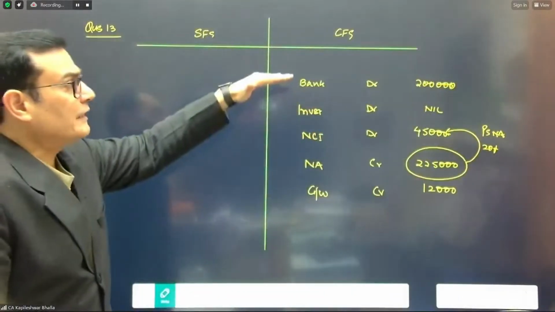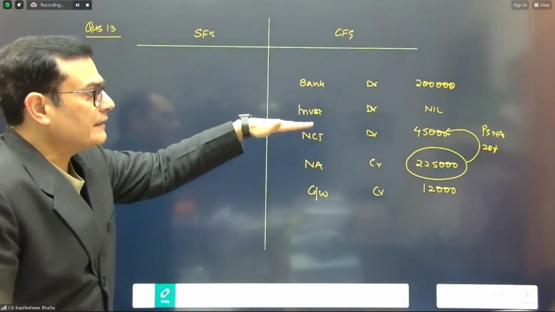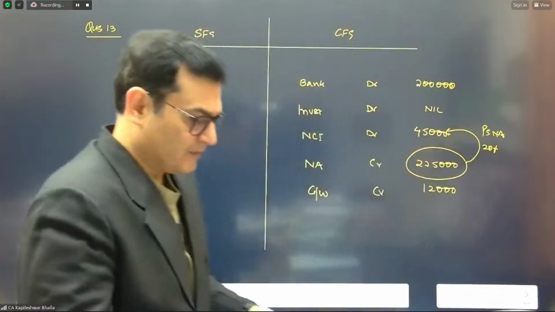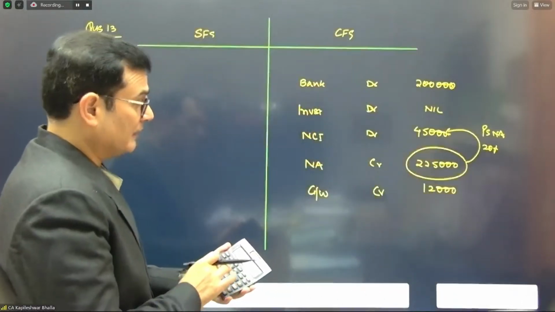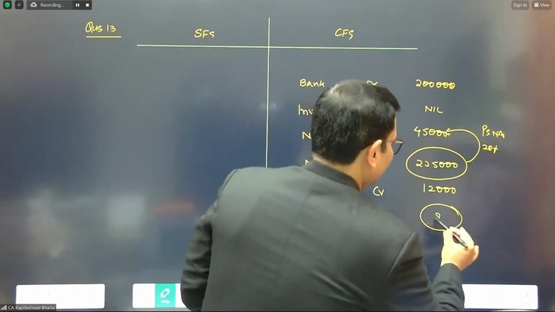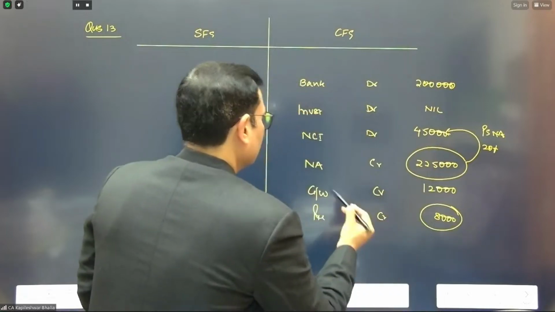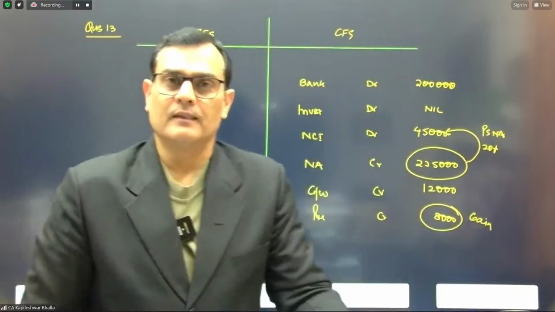You're just going to record the entry with the money received, investment retained at fair value, derecognition of these items, and the balancing figure is the gain or loss. So let's see the balancing figure. That is 245 minus 225 and minus 12. We are getting a balancing figure 8,000, and this will be taken to the P&L. This is a gain on disposal of shares.